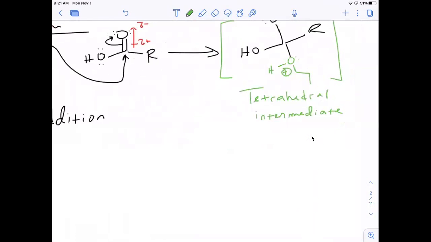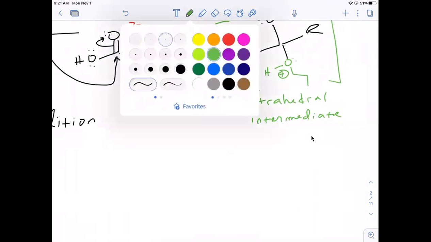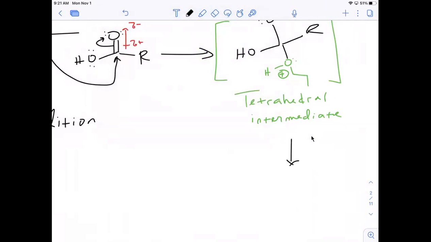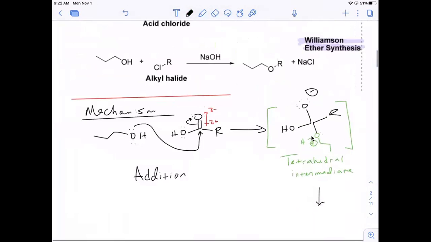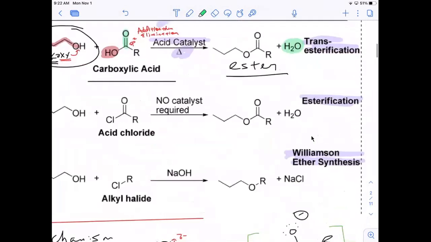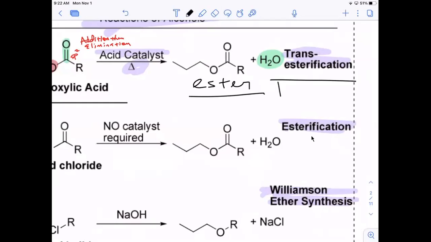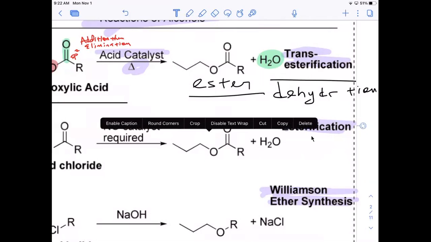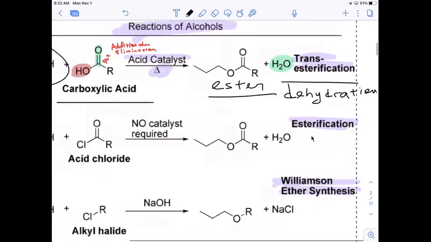All right, so we got another step here. So I think one of our side products is water. You can see that right here. So we need to lose water, right? So this is in a sense a dehydration. All right.